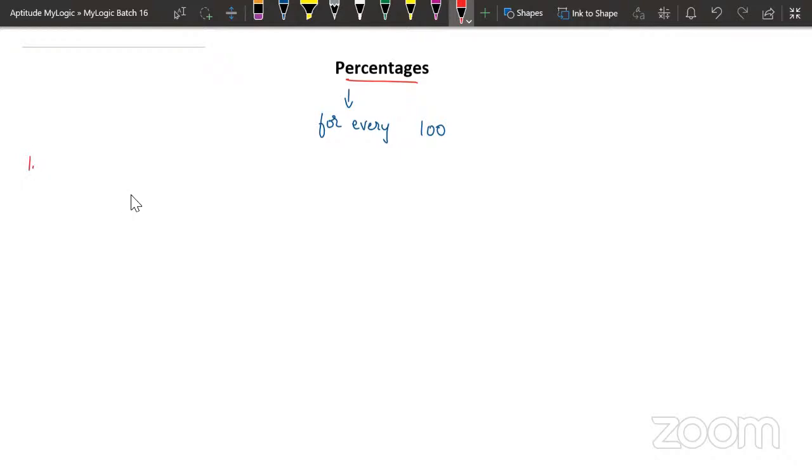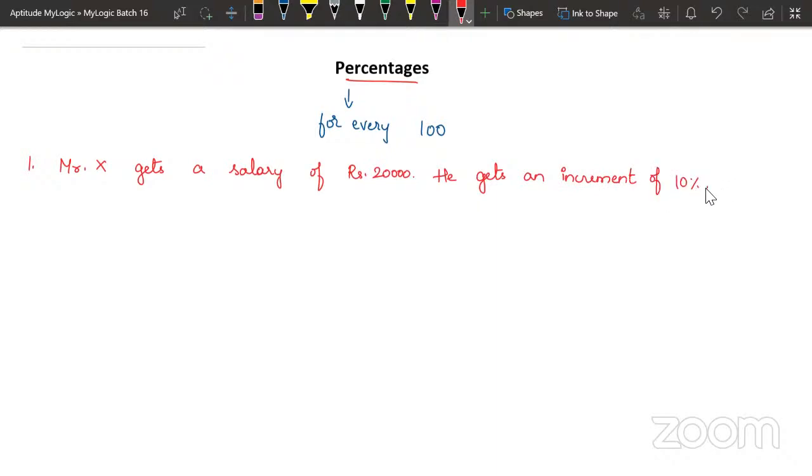Suppose you have a question like this. Say, Mr. X gets a salary of rupees 20,000. He gets an increment of 10%. What is his new salary?